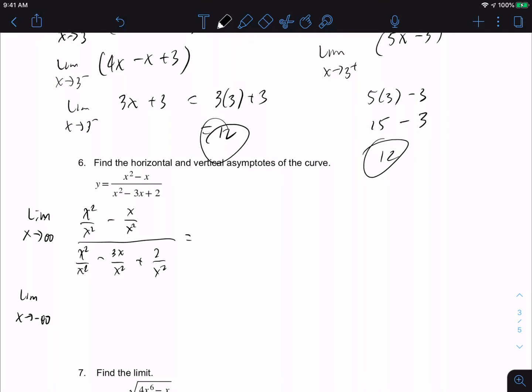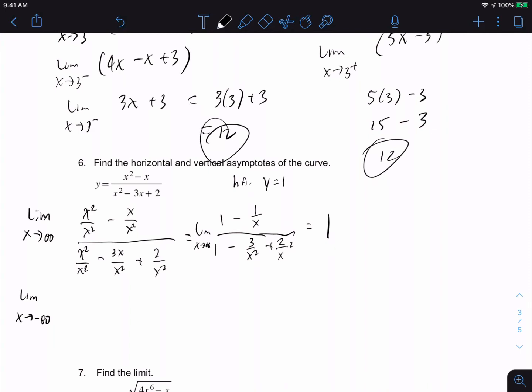So that shows me that I'm going to get 1 minus 1 over x over 1 minus 3 over x squared plus 2 over x squared. But the limit is still there. So that tells me that it's going to be 1, right? So we know that we have a horizontal asymptote at y equals 1.